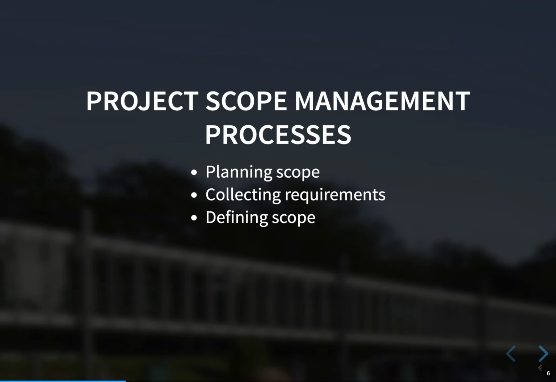The next step in the process is creating the work breakdown structure. What you do here is subdivide all the major project deliverables into smaller and more manageable components. So divide and conquer is the key here. Make small deliverables which are actually manageable. Next is validating the scope. This is also part of scope management.